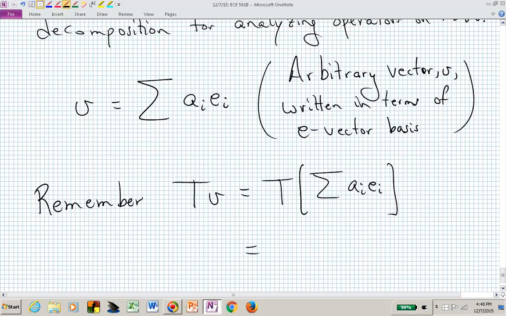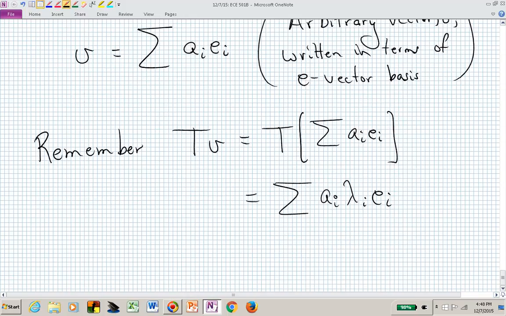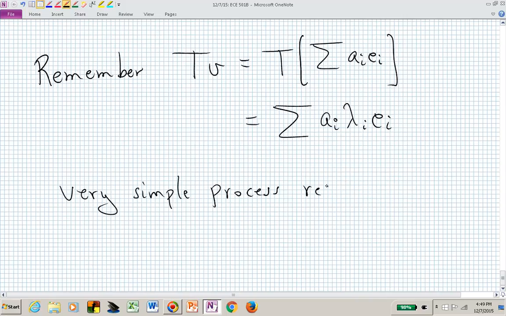But what happens to T E sub i? Since those are eigenvectors, it just scales in those eigenvector directions, so that this now becomes a summation of A sub i, lambda sub i, E sub i. And that's a little easier to start thinking about. This is a very simple process that results from using eigenvectors as our basis.